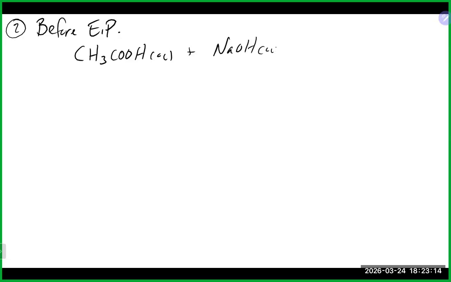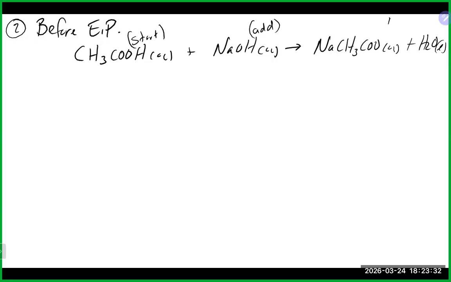Going to do a little double displacement reaction here, make a little sodium acetate and some water in this case, right? And once again here, this is what we are starting with in the beaker. This is what we are adding. So again, we got our sodium hydroxide adding to our acid in this case. Once again, because we are adding volume, we need to do this ice table in moles. So I'm going to use my made up moles again.